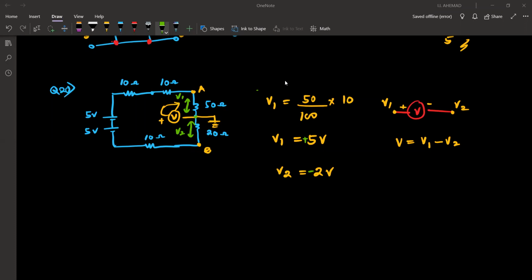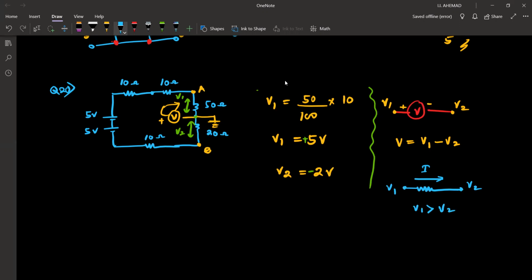So here, note this one also, then it will be easy. Let's say we have a resistor and this is the direction of current flow. This is V1 and V2. V1 is greater than V2.